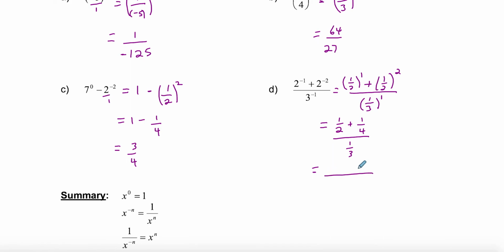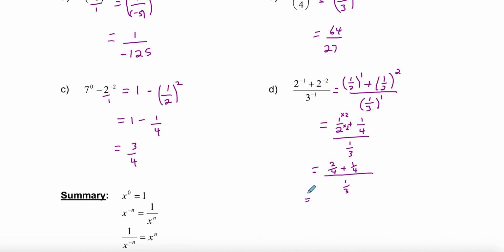So this is bringing back all the rules of fractions that you've known for a long time but probably are a little rusty on. If I want a common denominator, I would have to multiply the top and the bottom, the numerator and the denominator, both by 2. So I would get 2 over 4 plus 1 over 4 divided by 1 over 3.